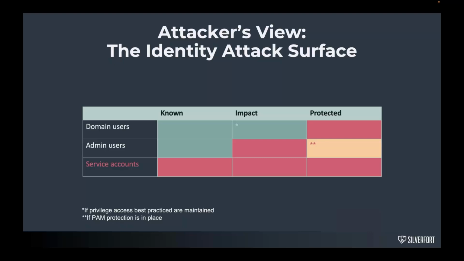Domain users are known. The impact if I compromise them as an attacker is fairly low. There's an asterisk here, because I'm assuming that privileged access best practices are maintained, which unfortunately we know is not the case, but let's assume it is. Anyway, even though they're known and the impact is low, they're not protected.